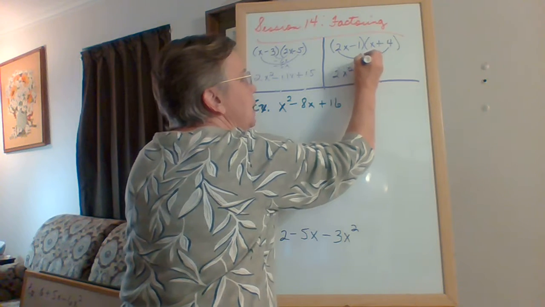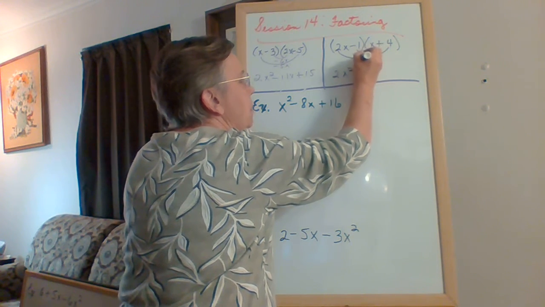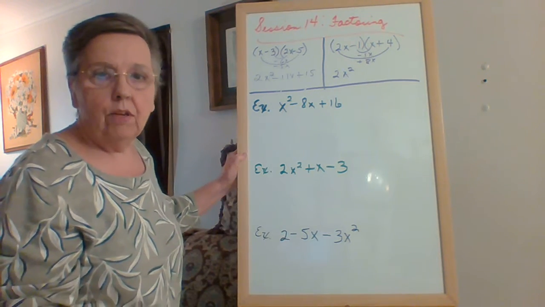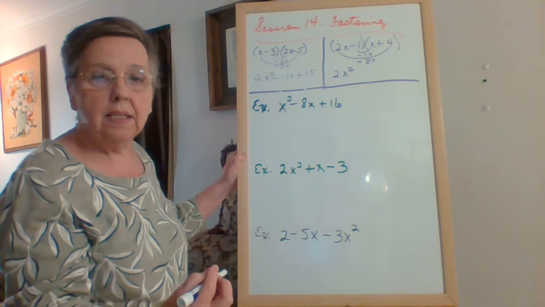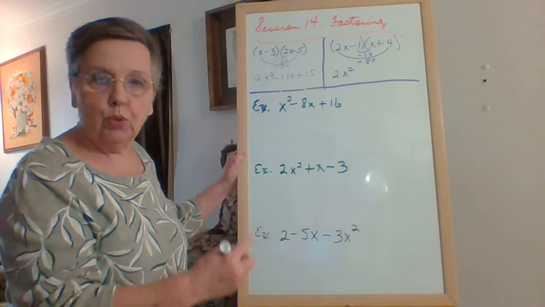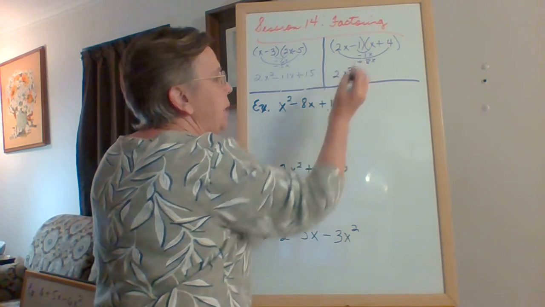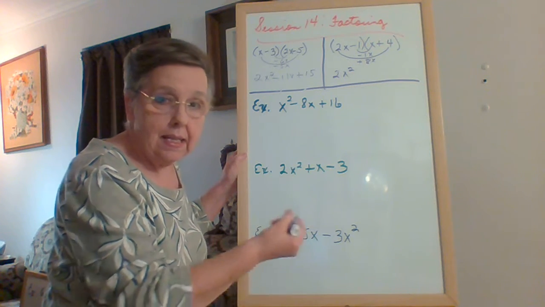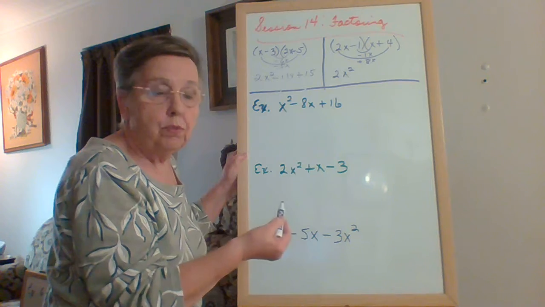Outside gives me a plus 8x. Inside gives me a minus 1x. Uh-oh, they're not the same, so I don't add them. I have a minus and a plus, so therefore I subtract. Well, minus 1 and a plus 8, if you want to say algebraically, you are adding them, but in actuality, you have a minus and a plus, so you subtract.